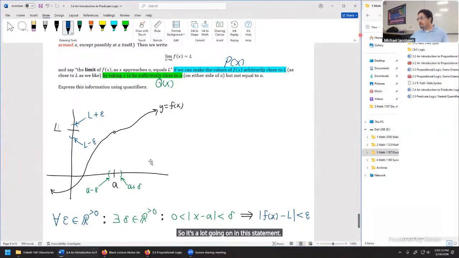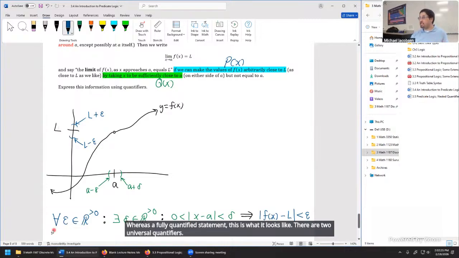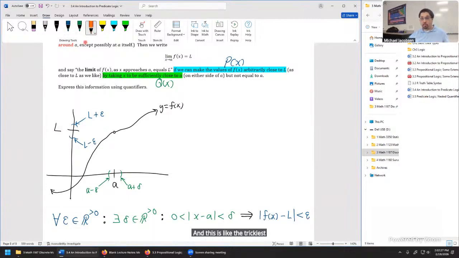So it's a lot going on in this statement. As a graph, this is pretty much the picture, but as a fully quantified statement, this is what it looks like. There are two quantifiers, and this is like the trickiest situation whatsoever because that delta depends on epsilon.